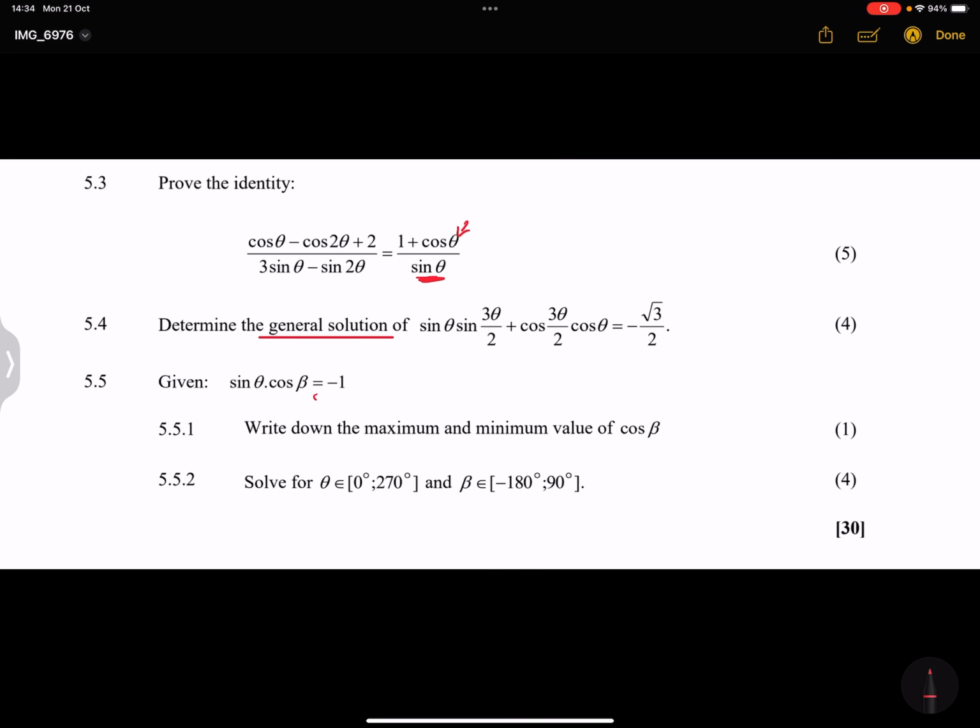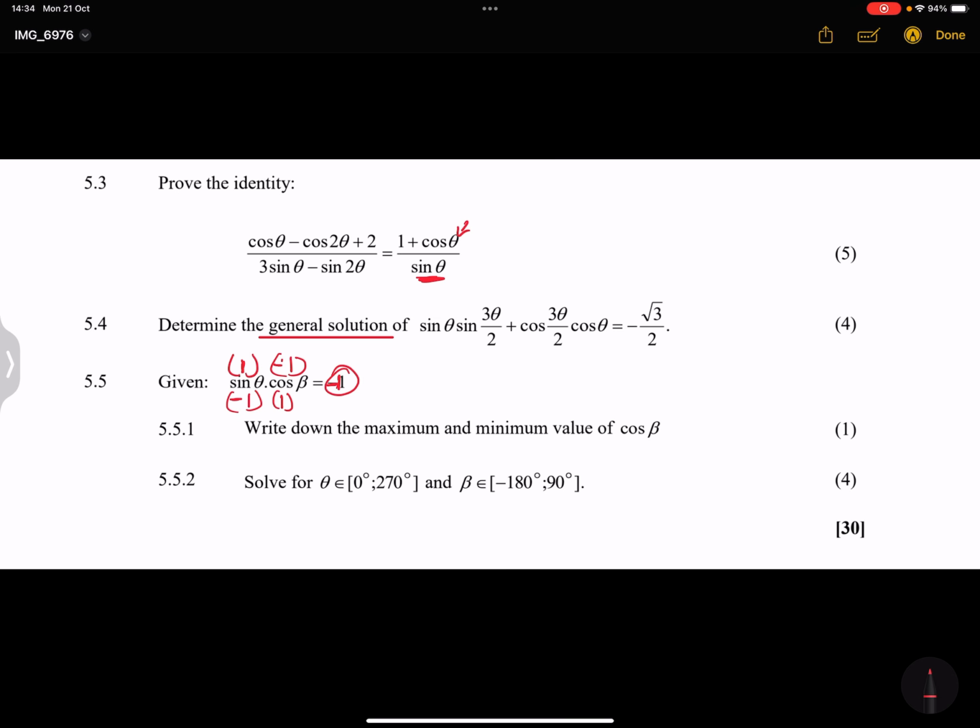Now I want you to think about it. The product of these two gives us -1. So what does that mean? 1 times -1 would be equal to -1, but similarly -1 times 1 would give me -1.